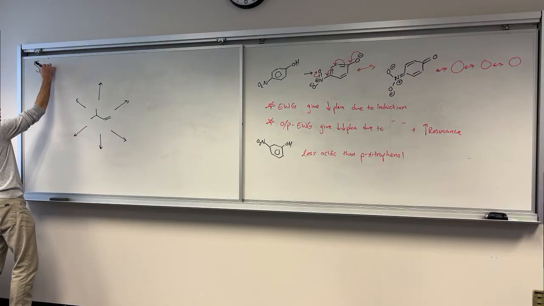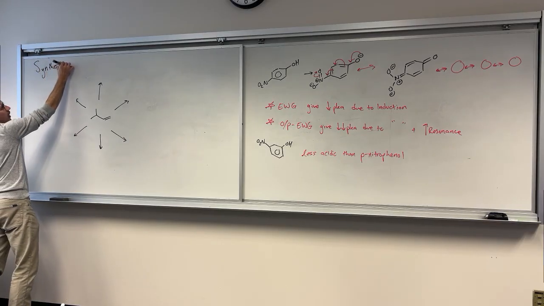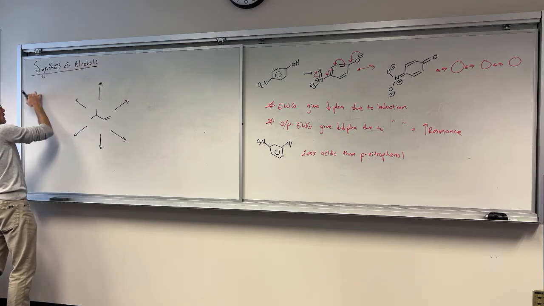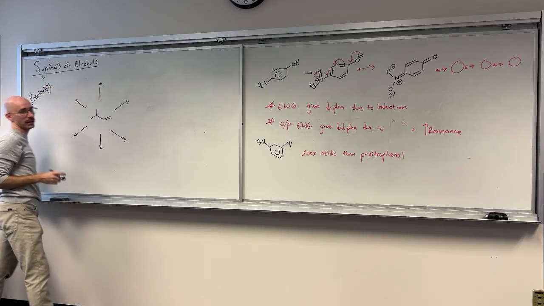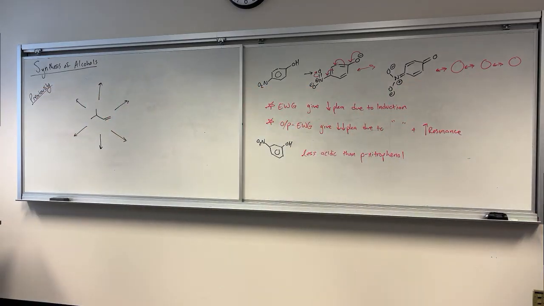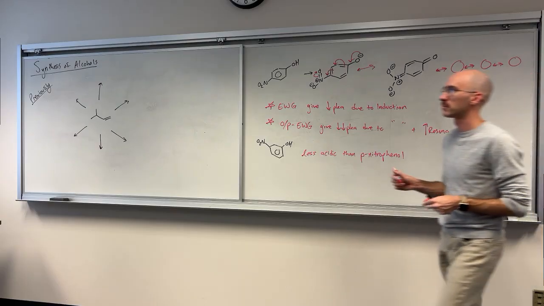I want this to be called synthesis of alcohols. And I always like to look at the reactions we've seen previously. Typically, I run through this as a list, but I think it just makes more sense to consolidate these into one image.